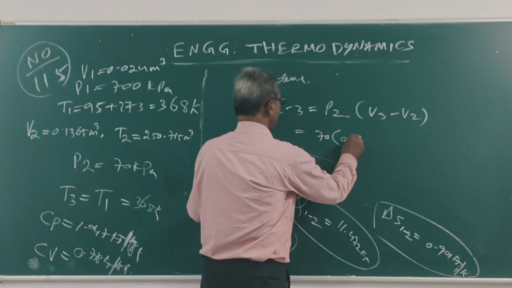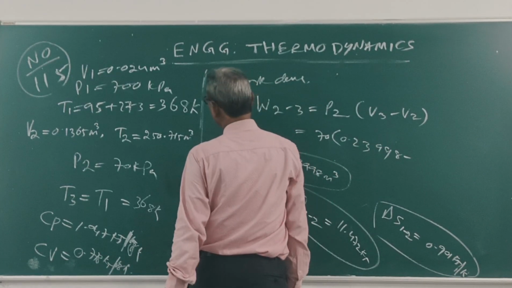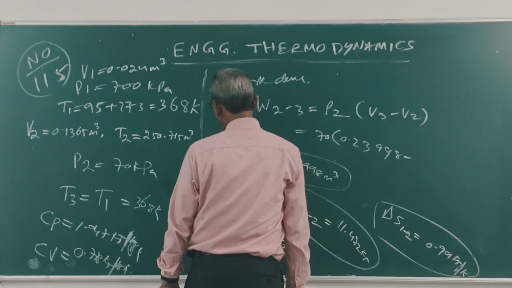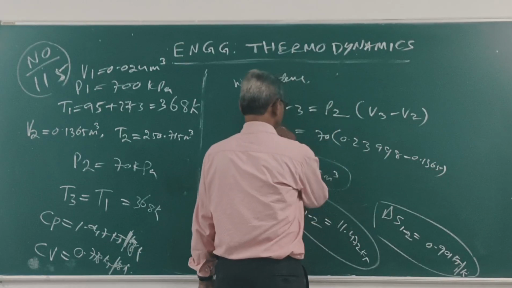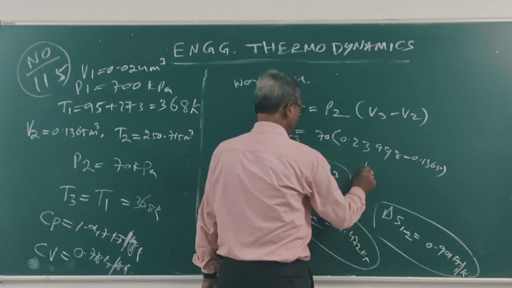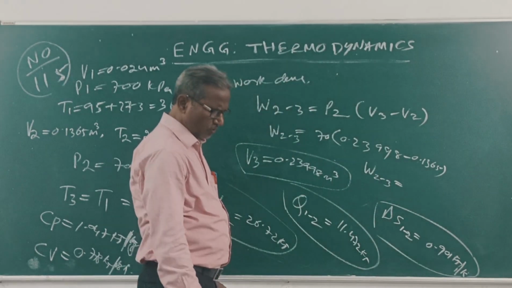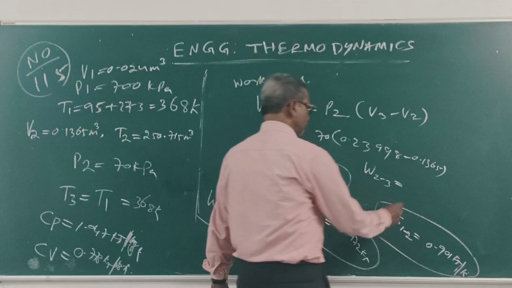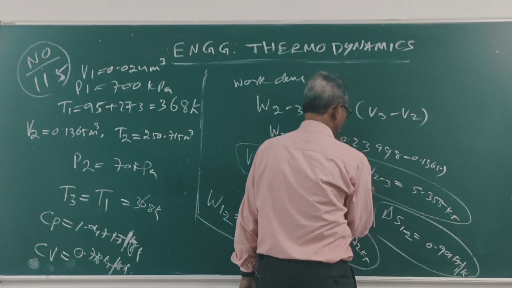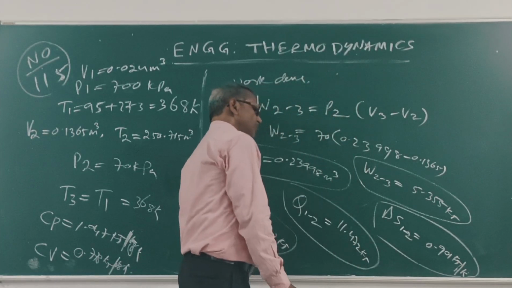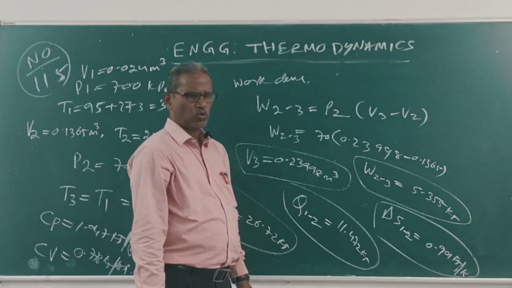V3 is 0.23998 minus V2, which is 0.1365. So this is W23. Clear? So W23 is equal to 5.355 kilojoule. This is W23.